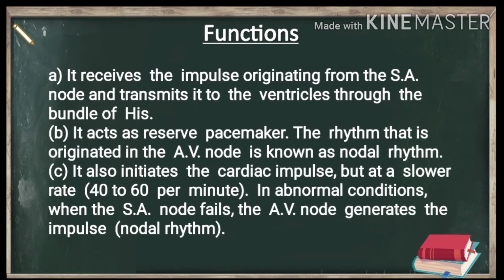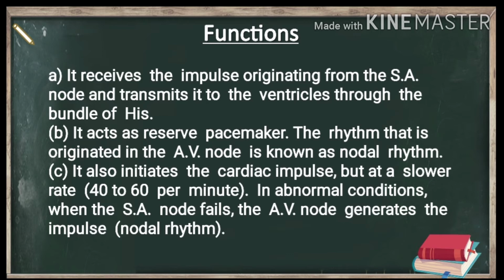The functions of AV node. First, it receives the impulse originated from the SA node and transmits it to the ventricles through the bundle of His. Second, it acts as a reserve pacemaker. The rhythm that originates in the AV node is known as nodal rhythm.